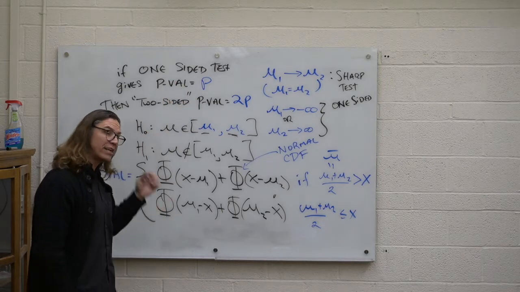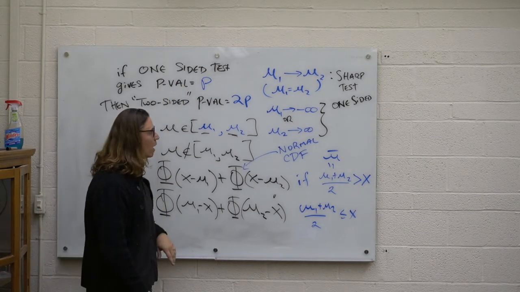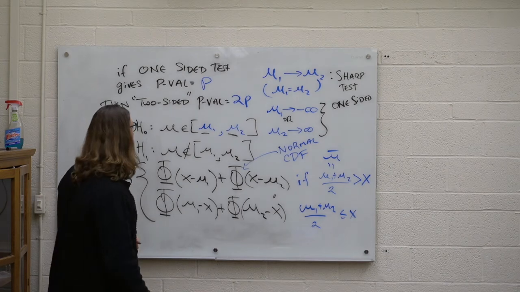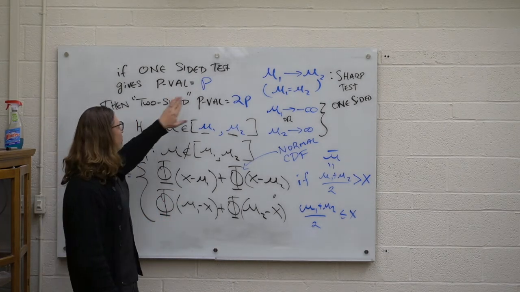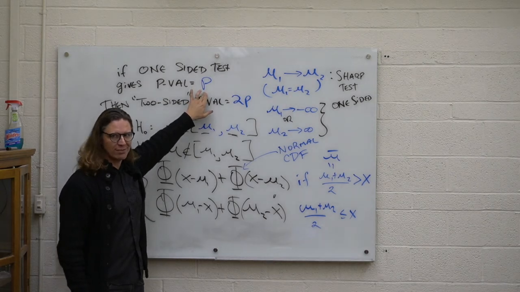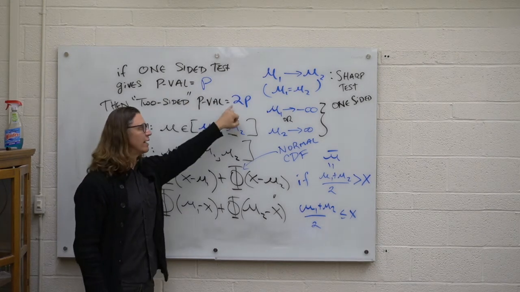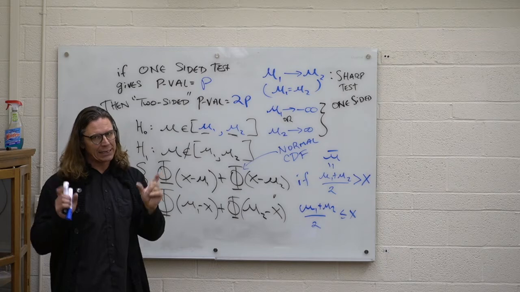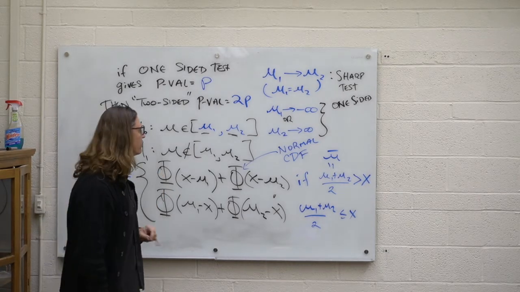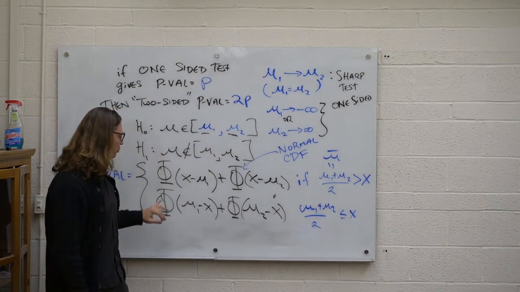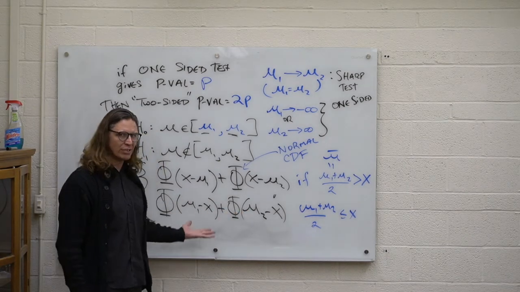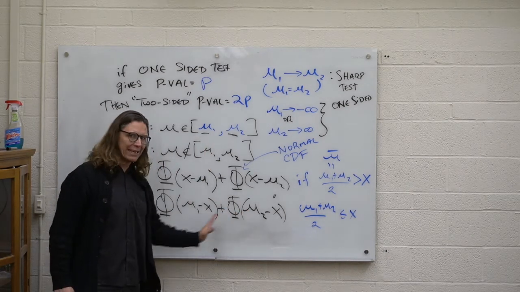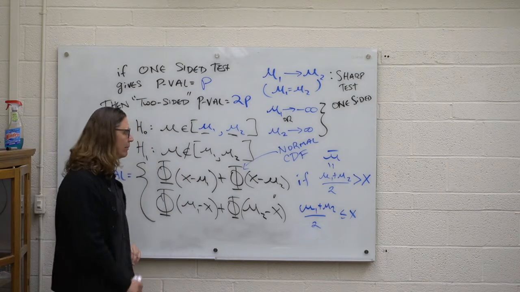So if we go to a Stat 101 class, and they have you computing p-values for the one-sided test, at least in this example, if you computed p for your p-value in the one-sided test, the two-sided test would give you 2p, because you'd be adding together both those tail probabilities. And we can see this. And so the one-sided test and the two-sided test are in here, just in terms of limits.